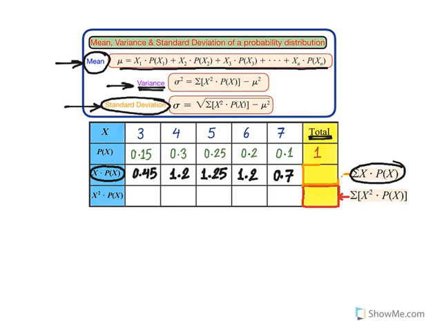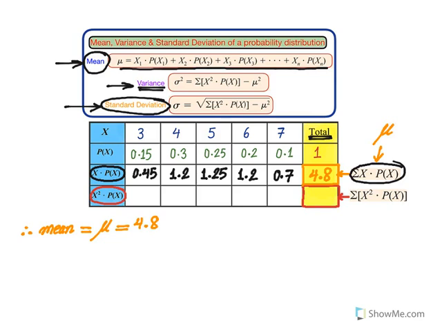The number that you get here is 4.8, the same color as the borders. So remember that this is also our mean mu. So we have computed the mean. Therefore, the mean for this data is mu, which is 4.8.